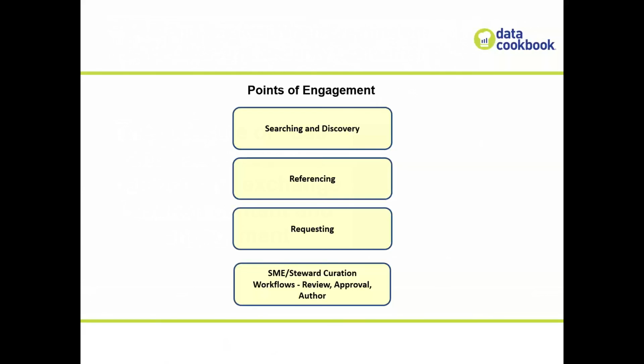If you find it, that's great. Or maybe you have a report that's referencing that information, and you can link over to it, and that's great. If not, then you can request it. That's the other point of engagement. And then that request will go out to stewards and gatekeepers for review or approval or authorship or connectivity and documentation.